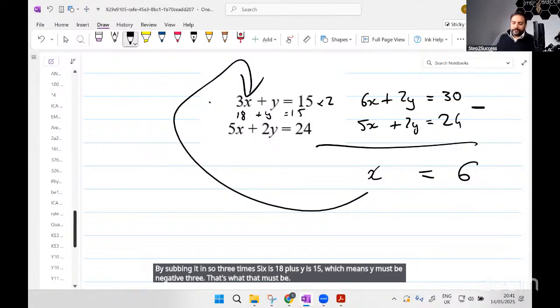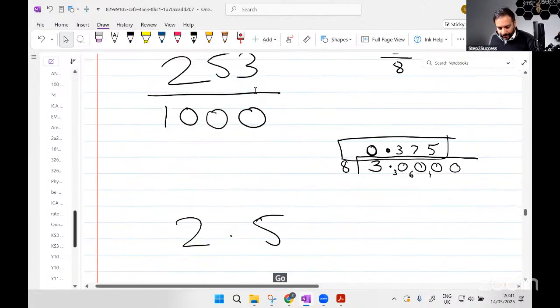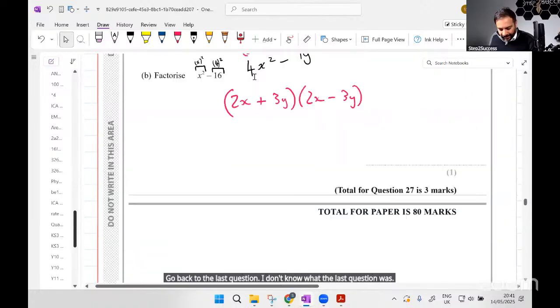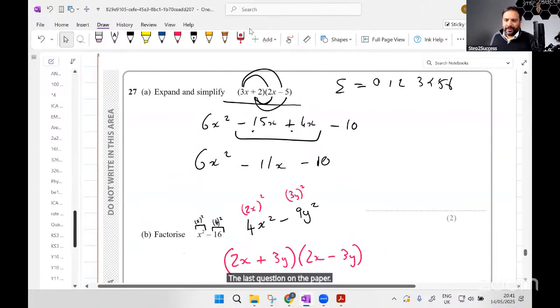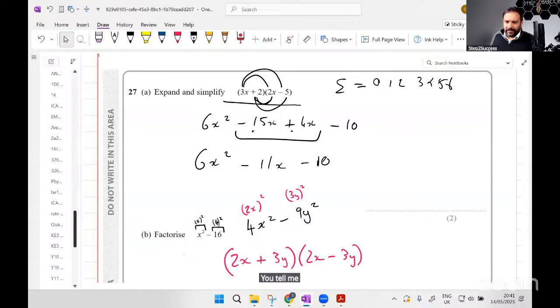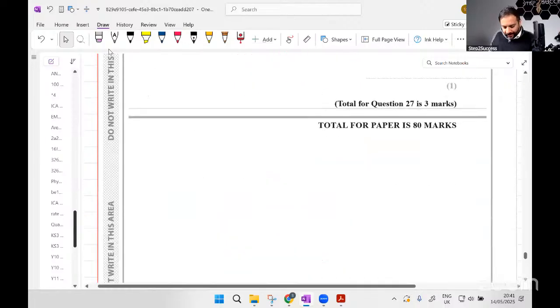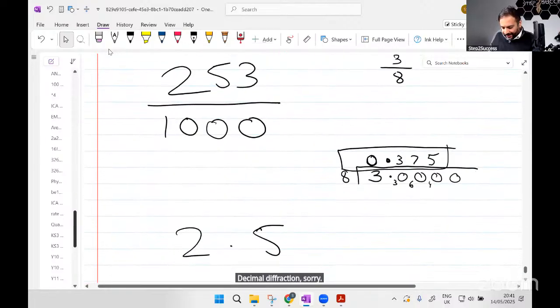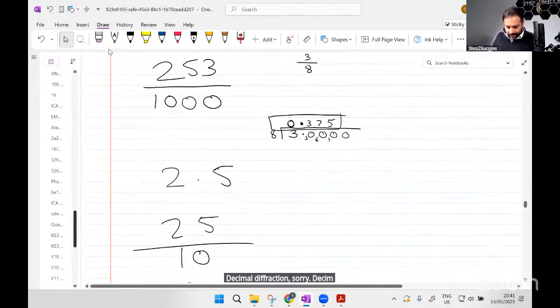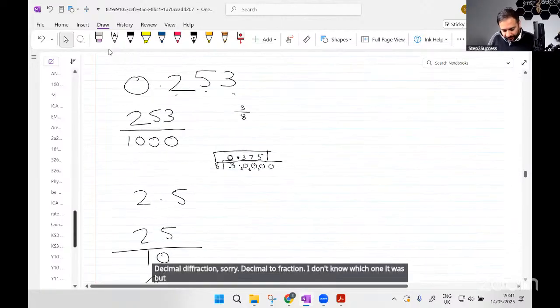Go back to the last question. I don't know what the last question was. The last question on the paper. I don't know which one you mean. You tell me. Decimal to fraction, sorry. Decimal to fraction. I don't know which one it was, but all of that.